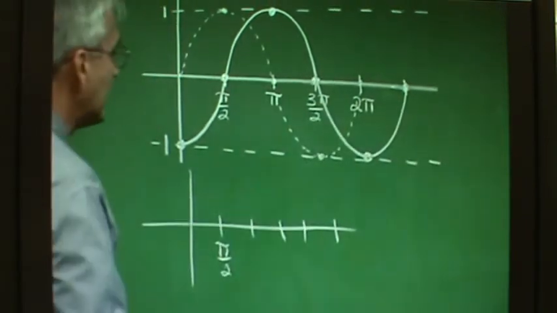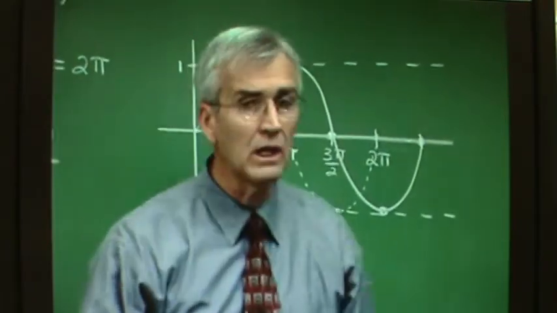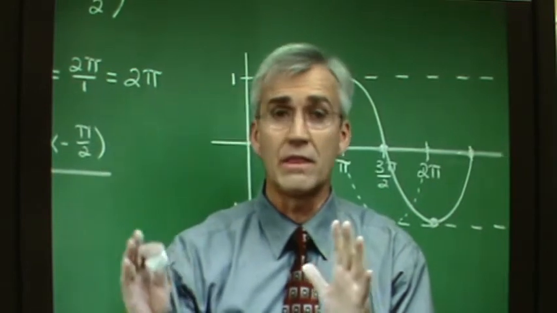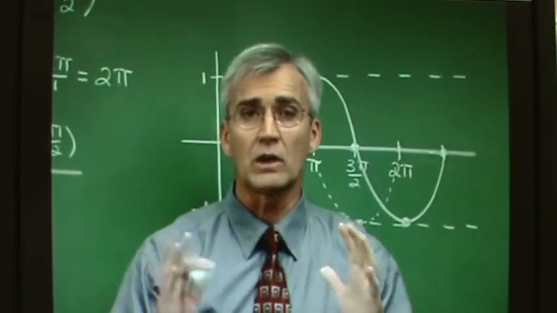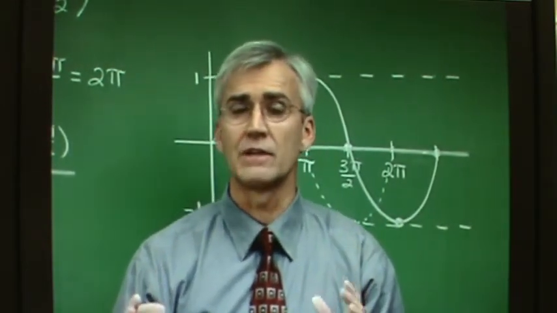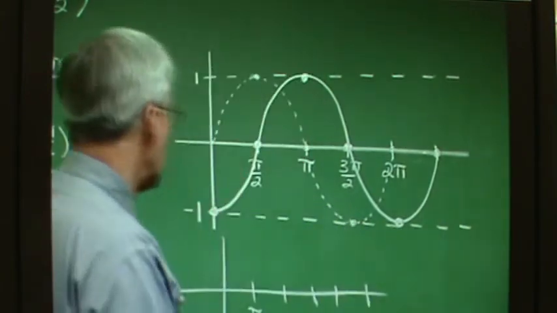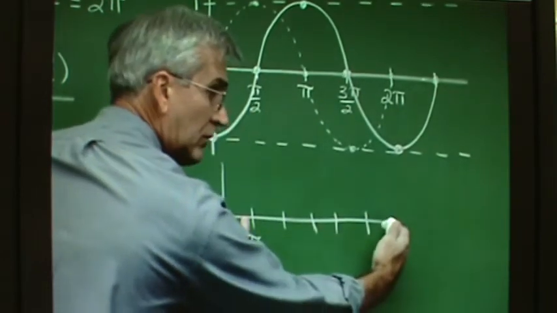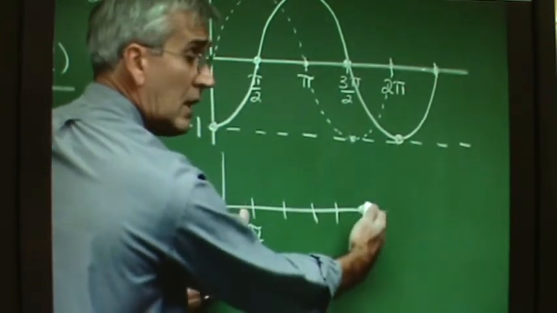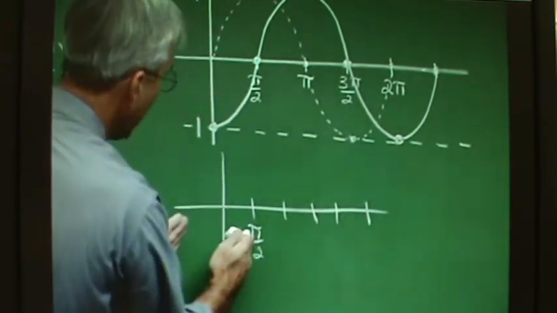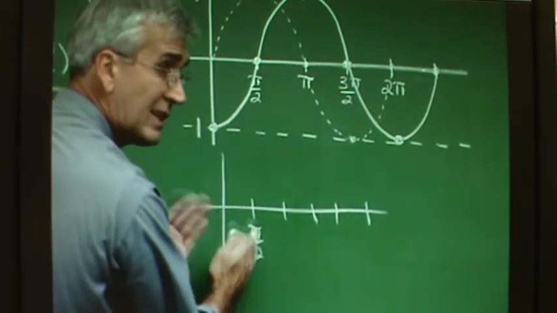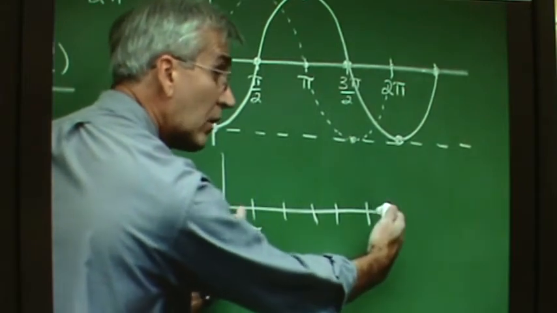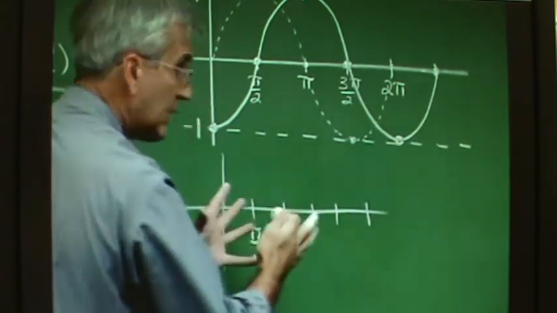But that's the whole idea: we want to establish the amplitude, the period, and then the phase shift. And then we're operating off of the phase shift. And when you begin to write this, just make sure you have an interval that corresponds with the period. The interval starts at pi over 2, the length of your shift. And then you go over the interval for your period and make your marks, and away you go with the graph.